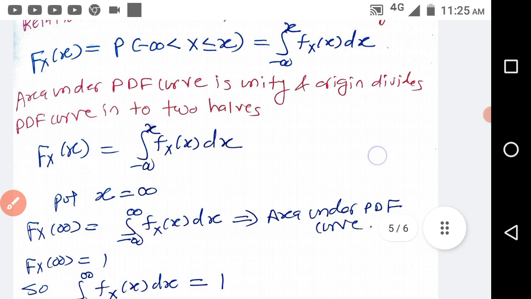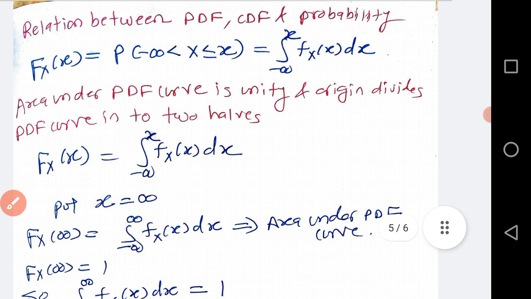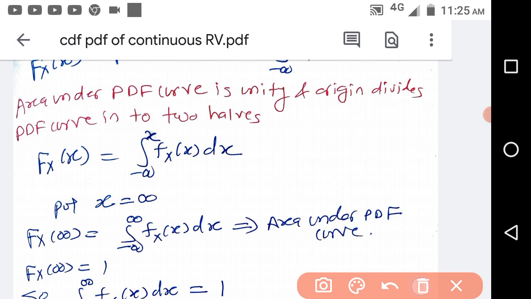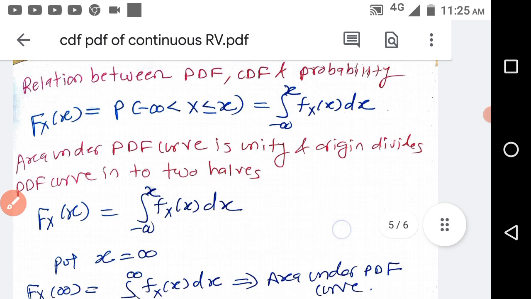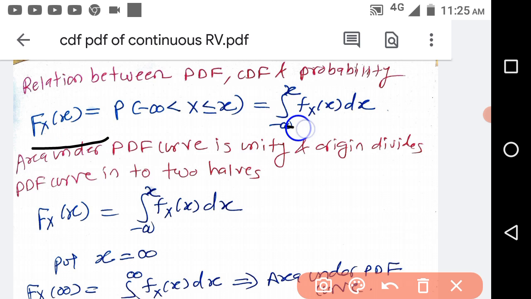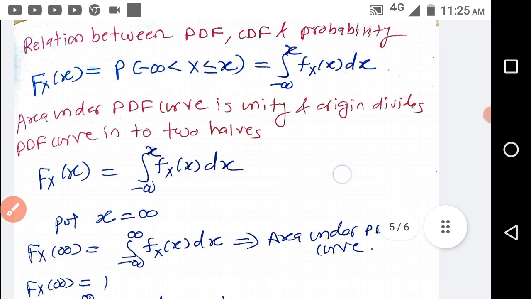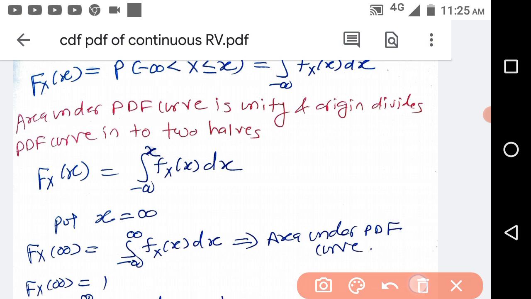Now let us prove that the area under the PDF curve is unity and the origin divides the PDF curve into two halves. We have just now seen that this CDF and this PDF are related like this. So here I have written the relation between CDF and PDF. This is CDF, this is PDF.